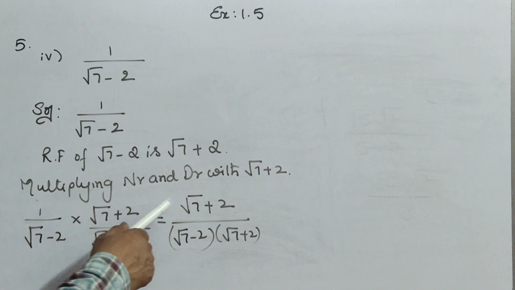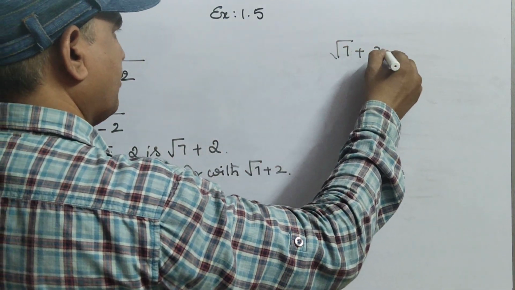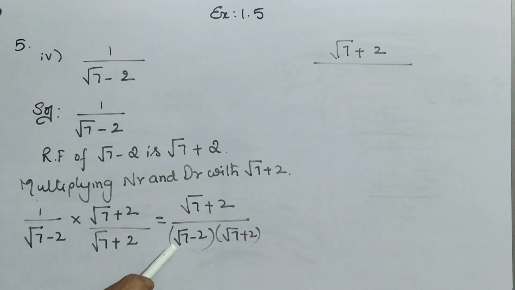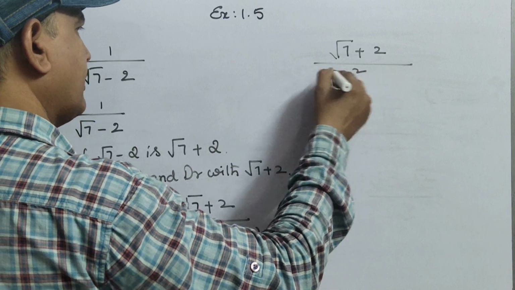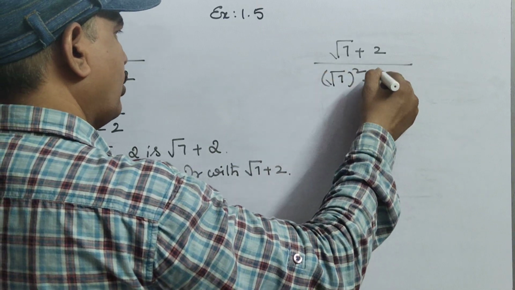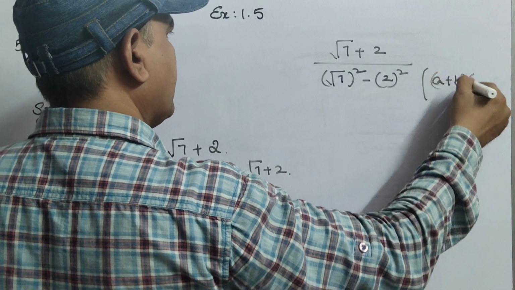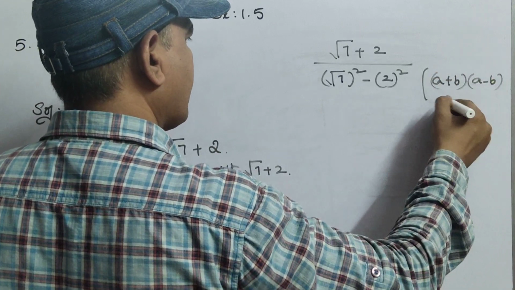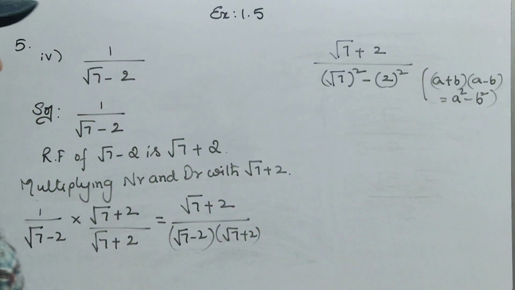Now root 7 plus 2 by, it's looking like a minus b into a plus b, that is root 7 square minus 2 whole square. So a plus b into a minus b equals a square minus b square formula.